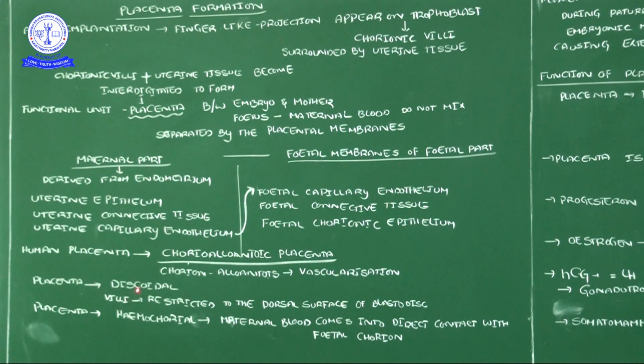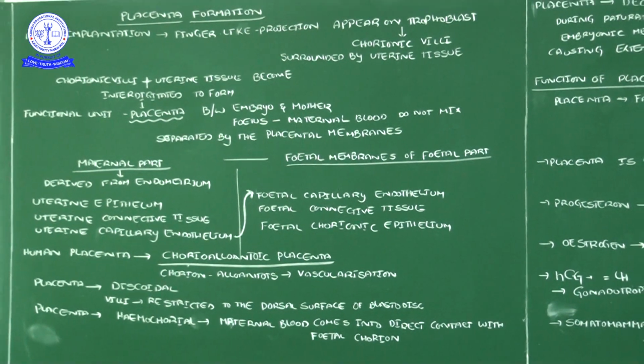Then in which side it is located, based on that discoidal. Then whether the placenta has a blood supply or not, based on that hemochorial placenta. These three names. One more name of the placenta, decidual placenta, in the second column.